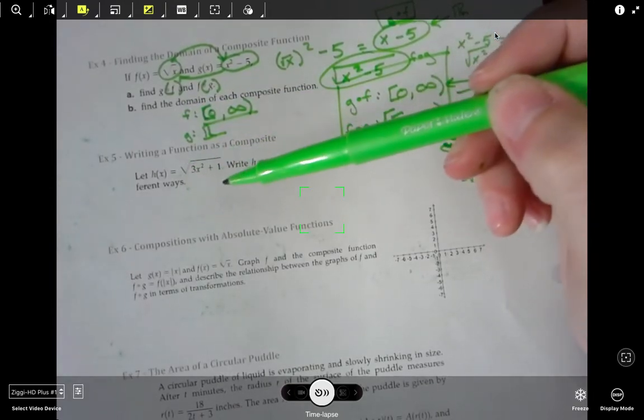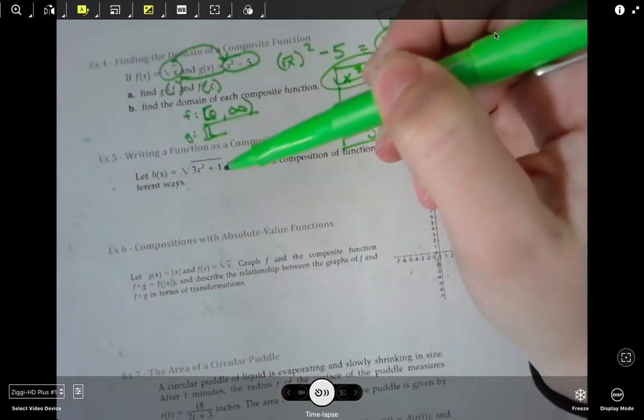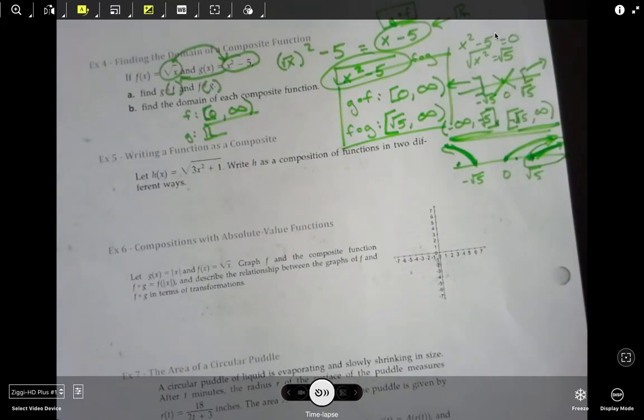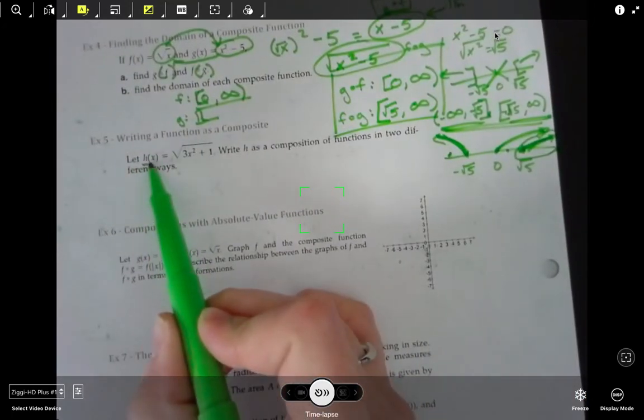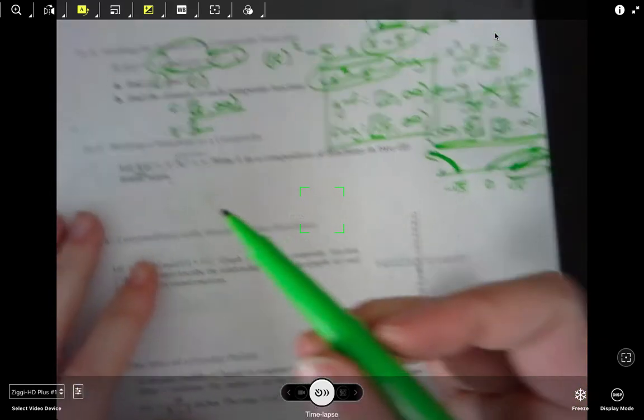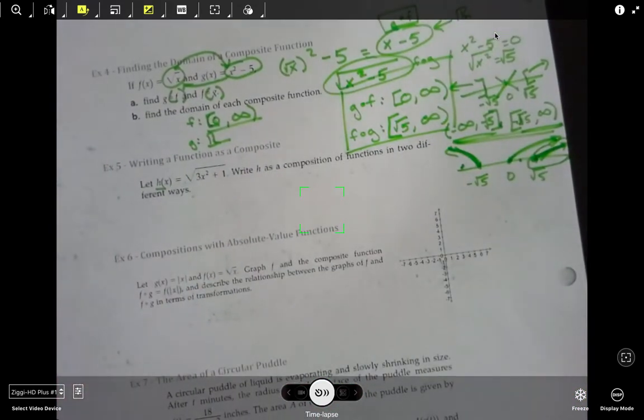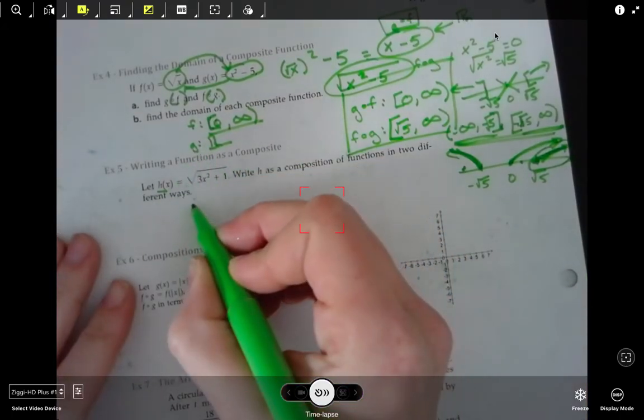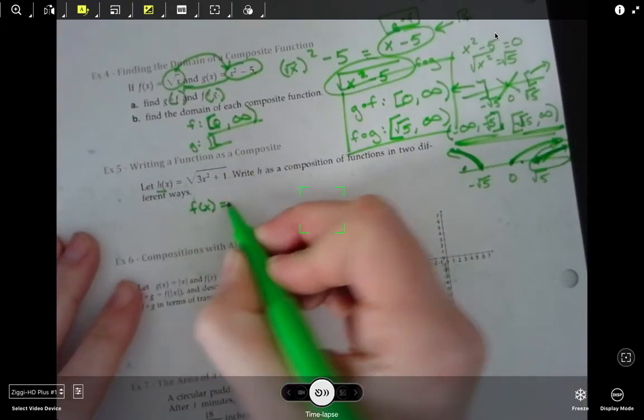The square root of 3x squared plus 1, they want us to write that function, which is called h, as a composition of two functions. So basically we're breaking this thing down and seeing what pieces are involved in there. Let's call f of x the square root of x, since I see a square root in there.